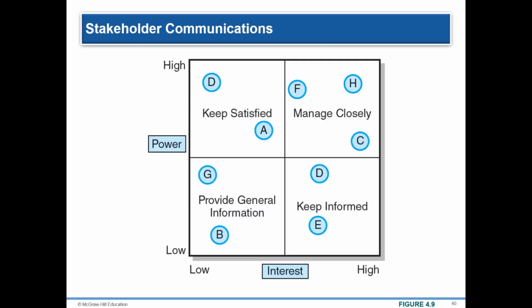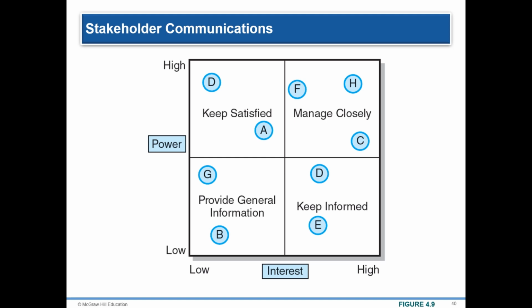The image depicts a stakeholder communication matrix, which is another tool used in project management to classify stakeholders and plan communication. It's divided into 4 quadrants, each suggesting a different strategy for managing stakeholder communication.